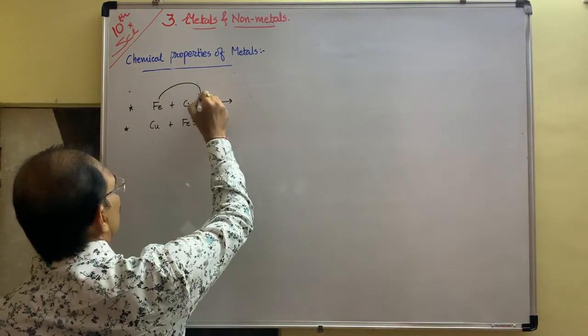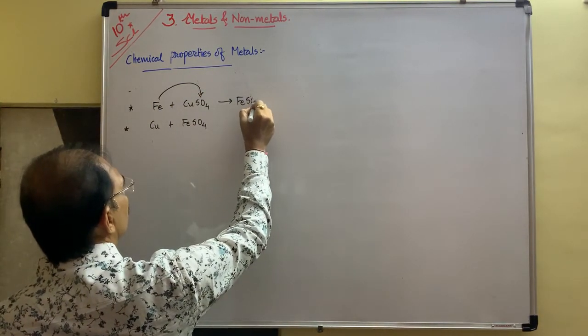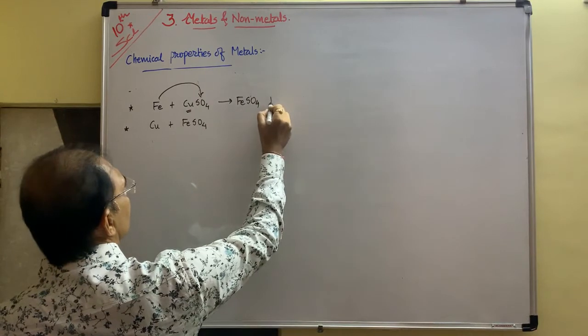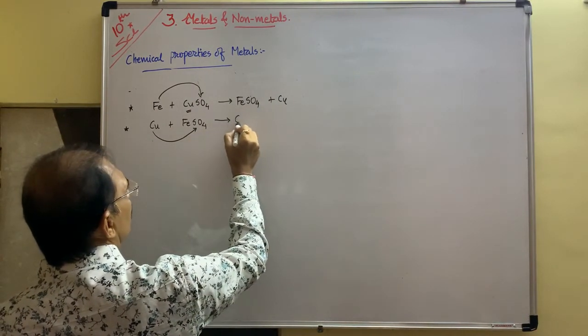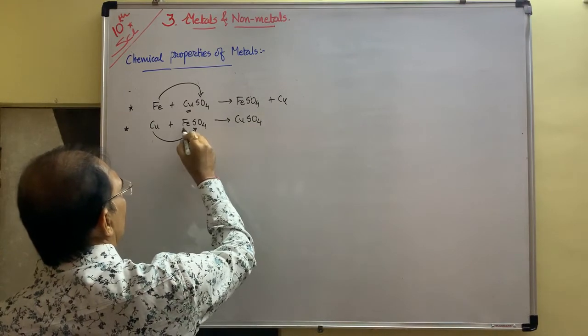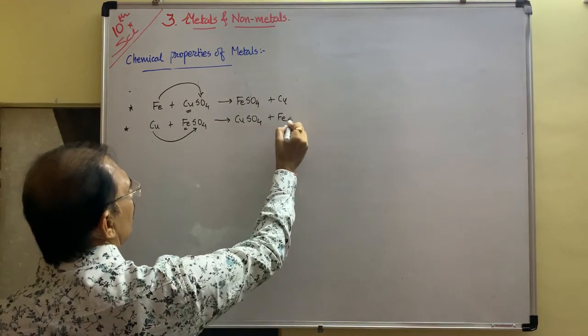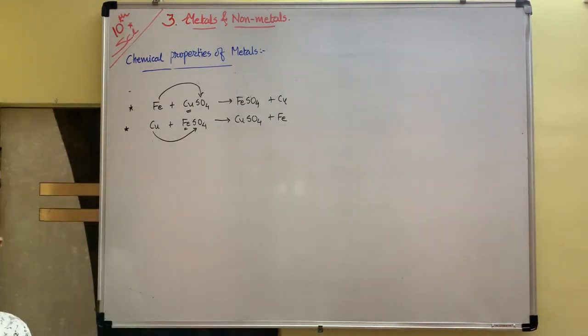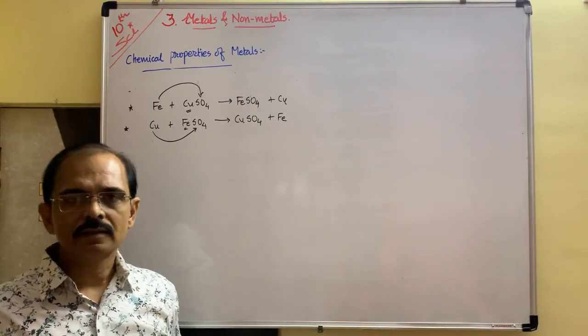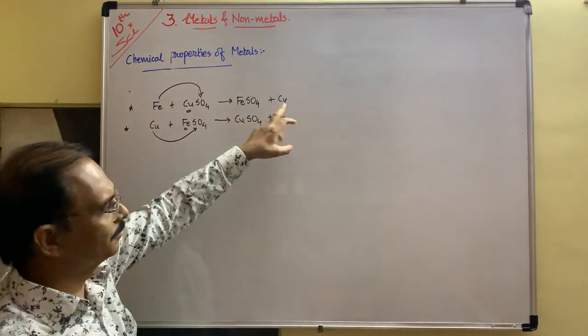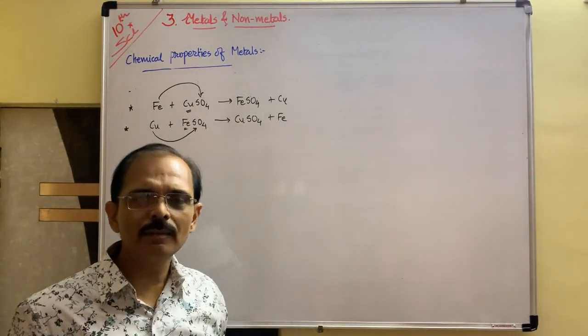Fe reacts with SO4. Here FeSO4 is formed and copper is released. Here copper reacts with sulfate, copper sulfate is formed and iron is released. Okay. So in this way we get that when metal reacts with salt solution of other metal, it displaces the metal. Why does it displace the metal?